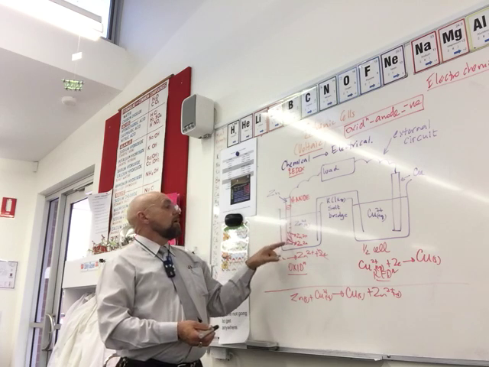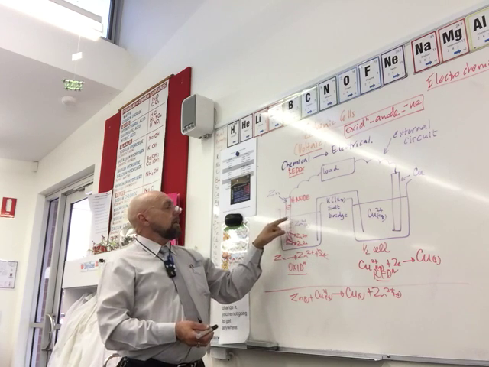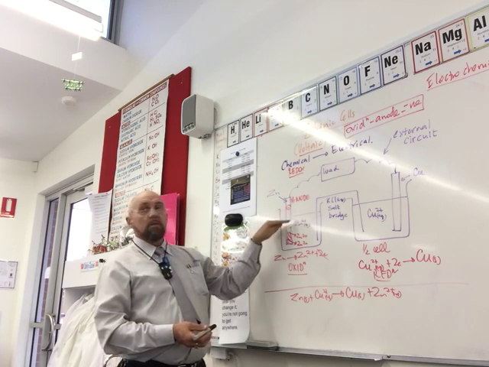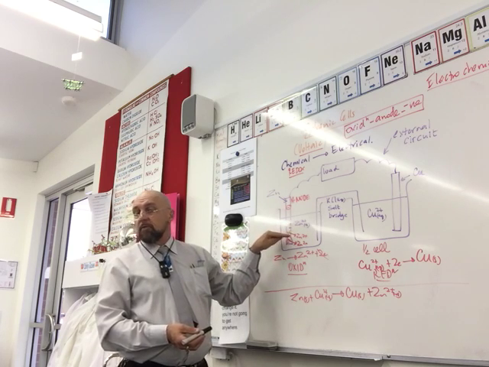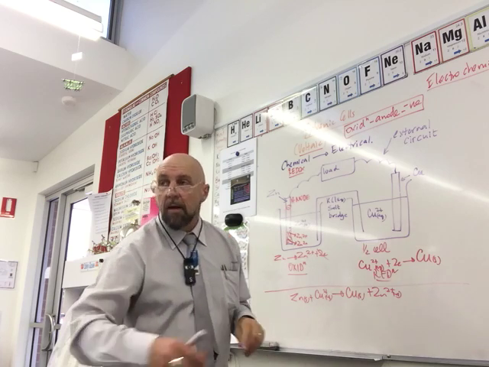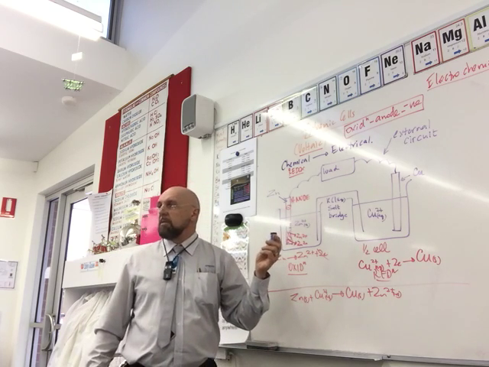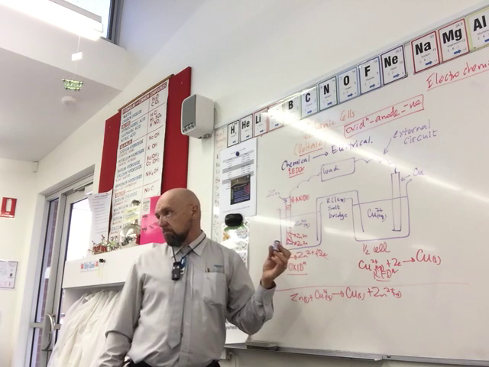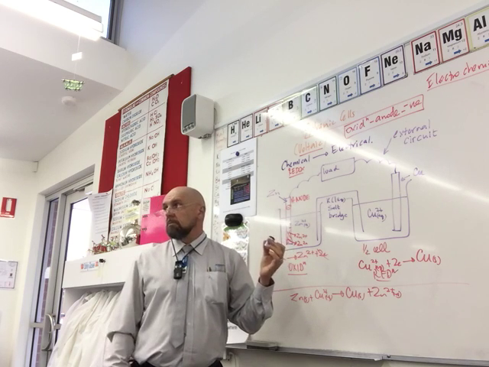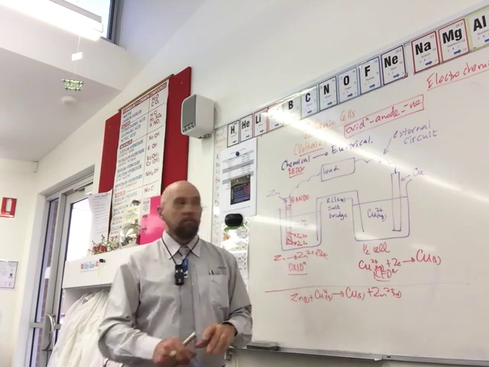So that electrode over time will disappear, or every part of it that's in contact with the zinc ions will disappear. That's why batteries don't last forever, by the way, because eventually the materials used in the batteries, if it's a dry cell battery, corrode. We can't replace them. We'll talk more about that later as well.